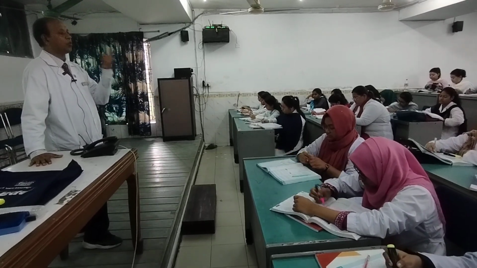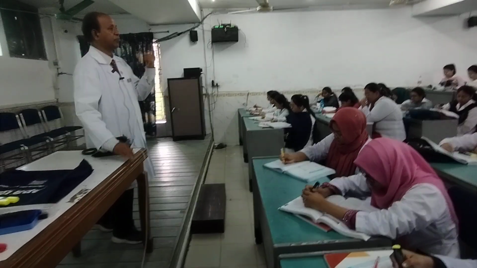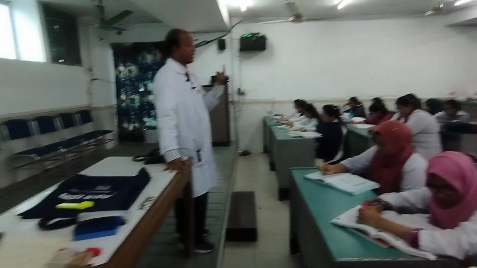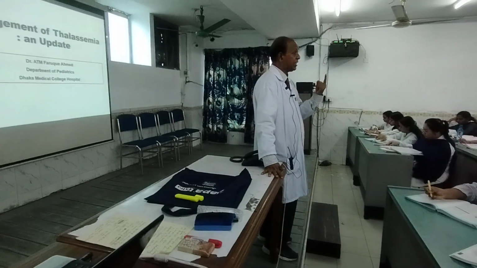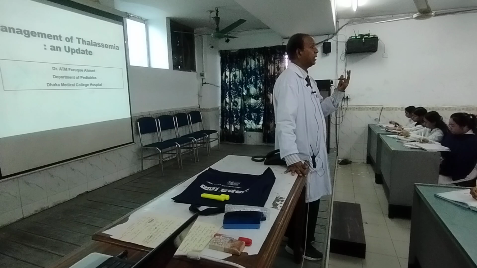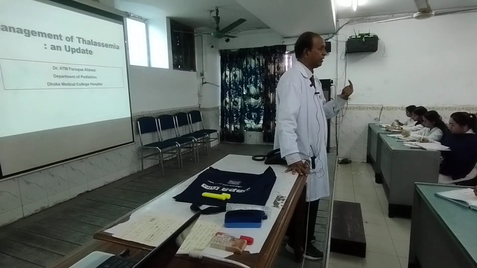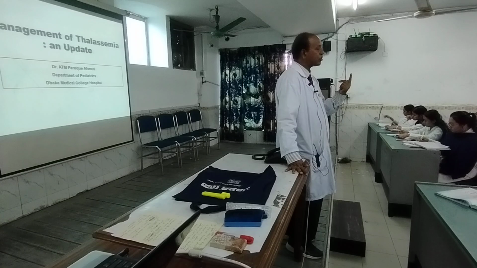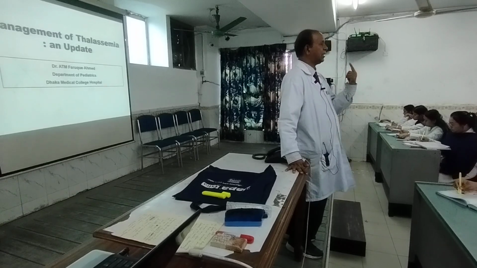Just only one defective gene, he or she gets from the parents. But in thalassemia major and intermediate, it is the homozygous form. There are 2 genes, the 2 genes from the parents are defective. This is called homozygous form. But minor is the heterozygous form. Only one defective gene in the body.